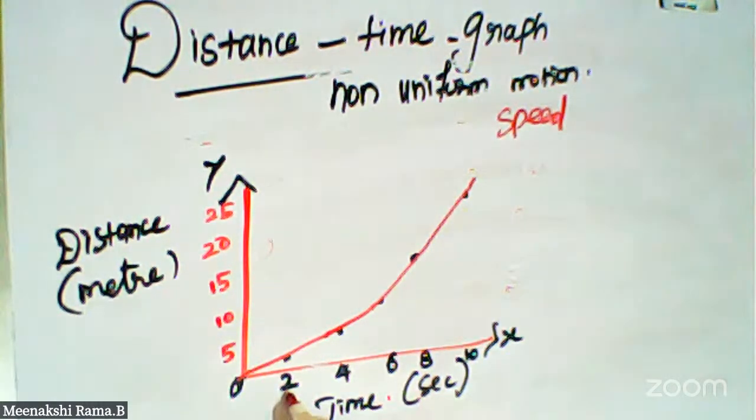In the first 2 seconds he crossed only 1 meter. By the 4th second it means 5 meters. So from 2 to 4, yes, these two differ.